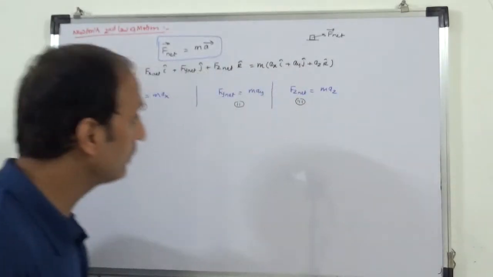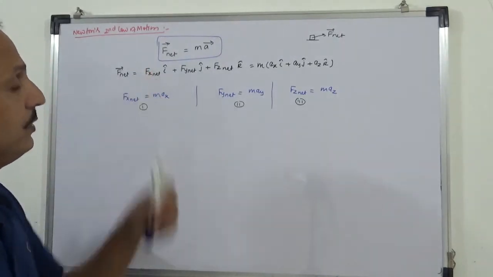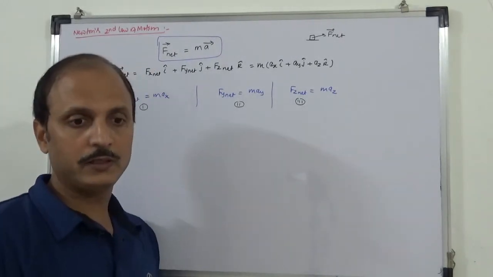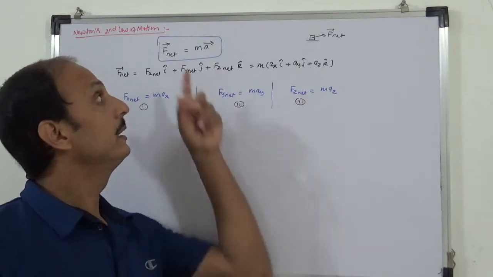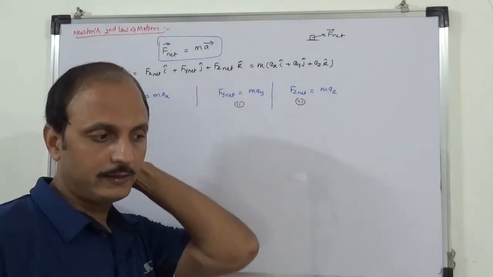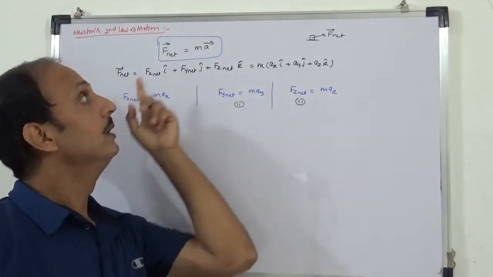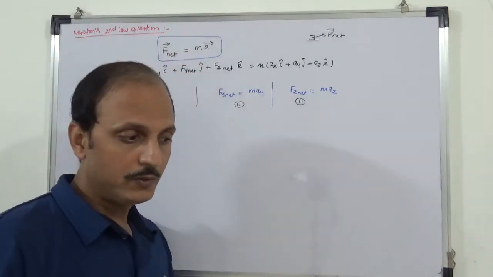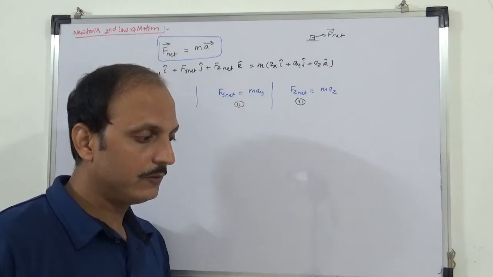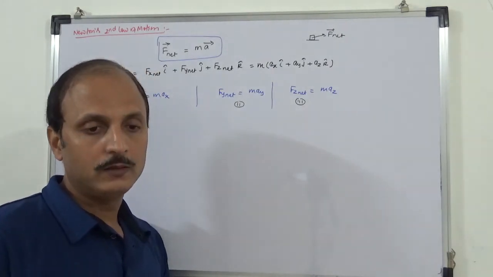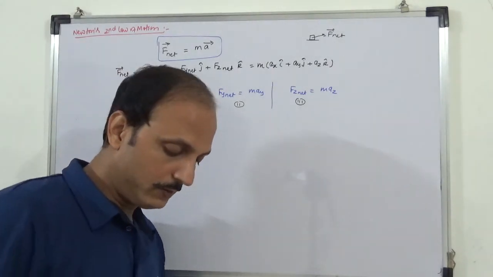So here the unit of force is basically the Newton or kg meter per second square. Acceleration unit सबको पता है तो kg meter per second square, and this is also called Newton. So what is the definition of Newton? Please write here.